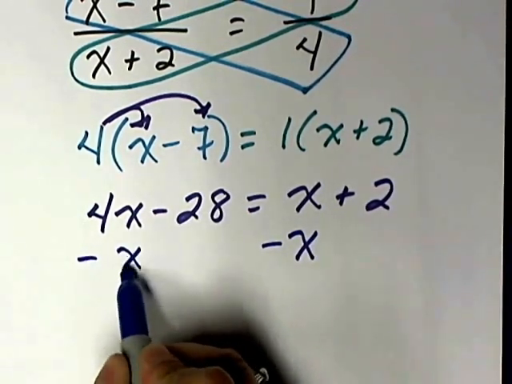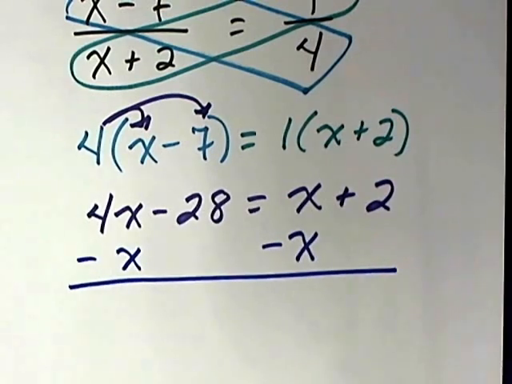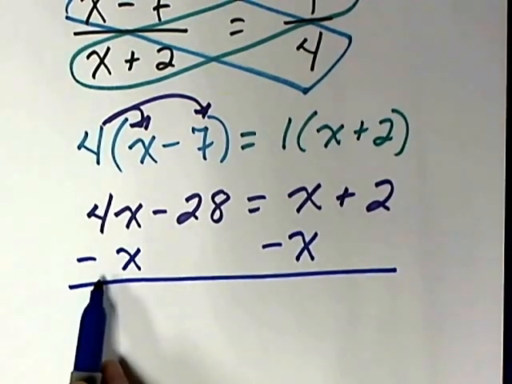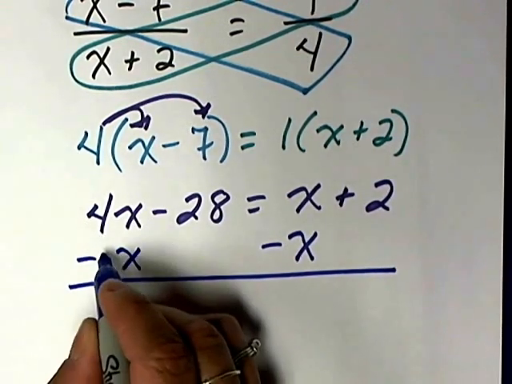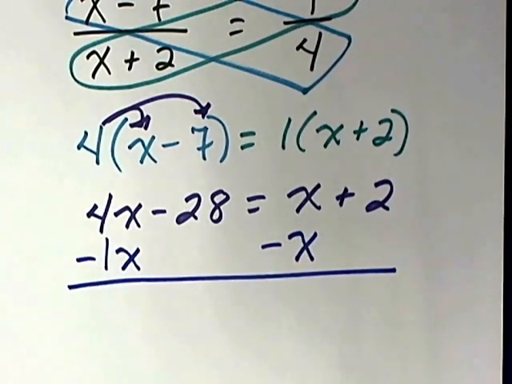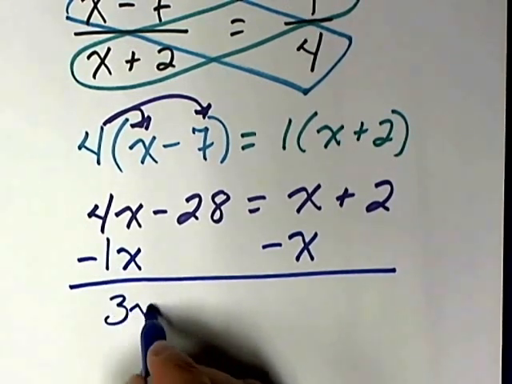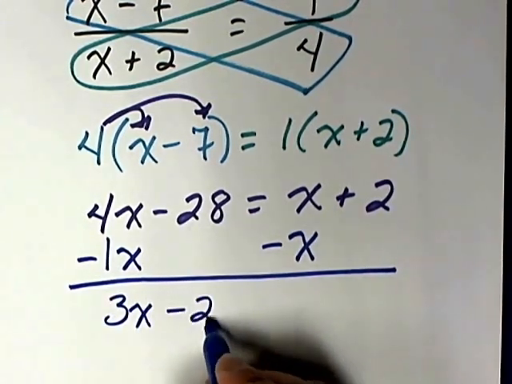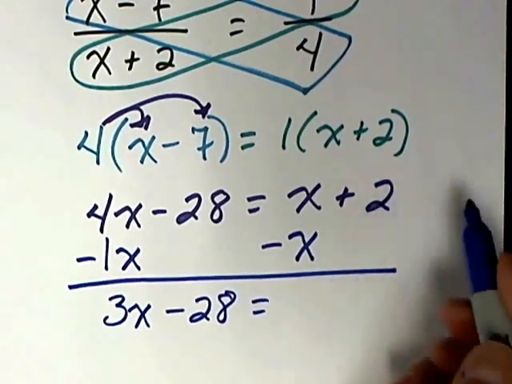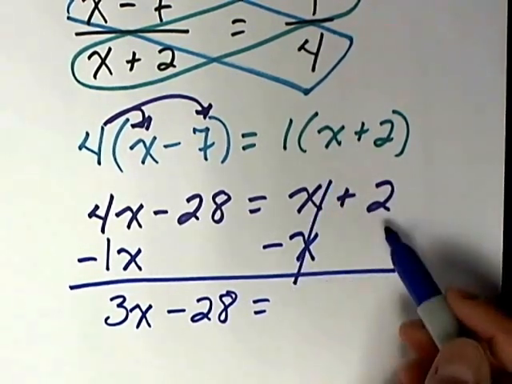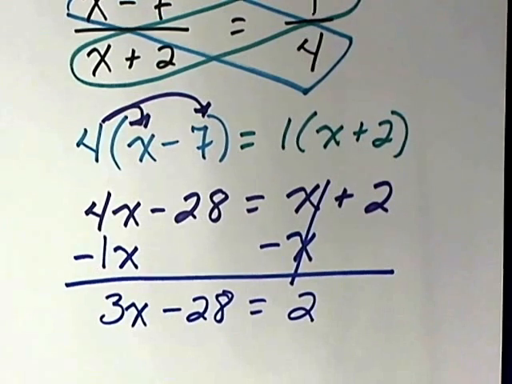If I do that on one side, I do the exact same thing on the other side. Remember, there's always a number there, because if it was a 0, 0 times x would be 0 and the whole thing would be gone. There's really a 1. So 4x minus 1x is going to give me 3x. I still have the minus 28 as I didn't do anything with it. On the right side of the tracks, the x's cancel out and I'm left with this positive 2.